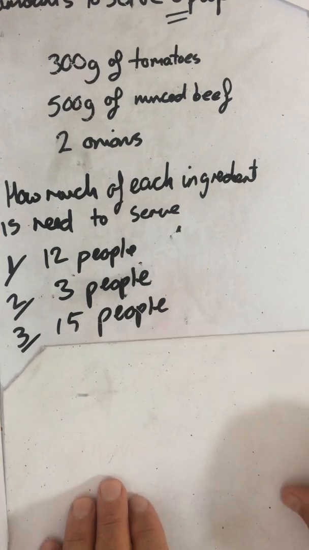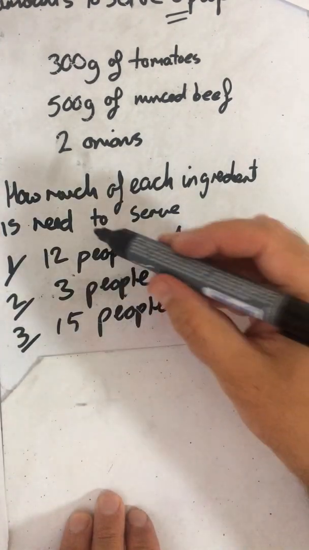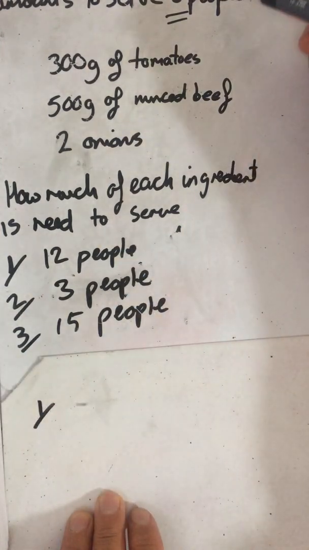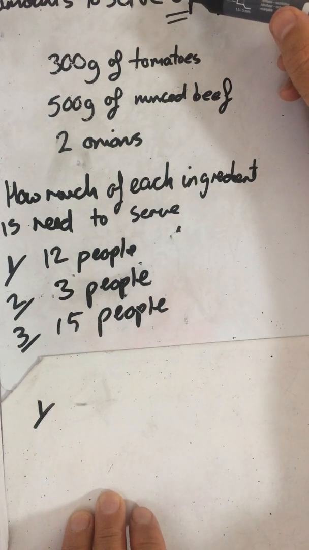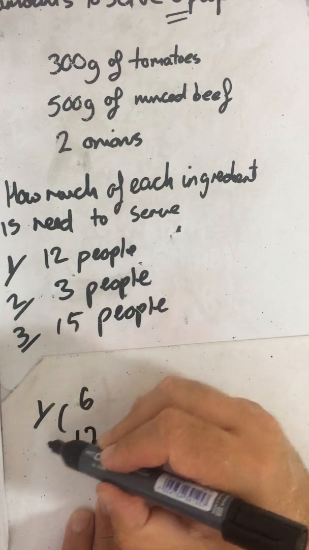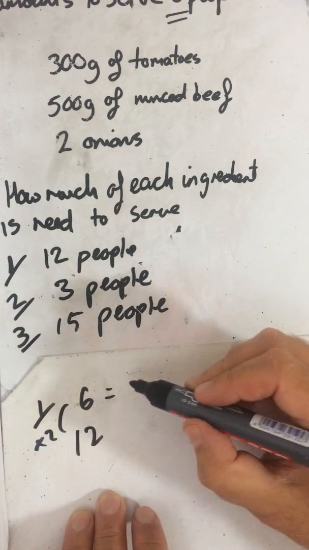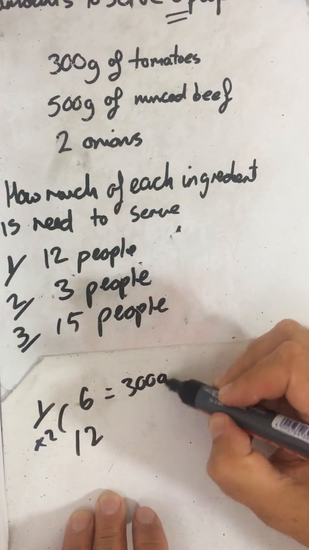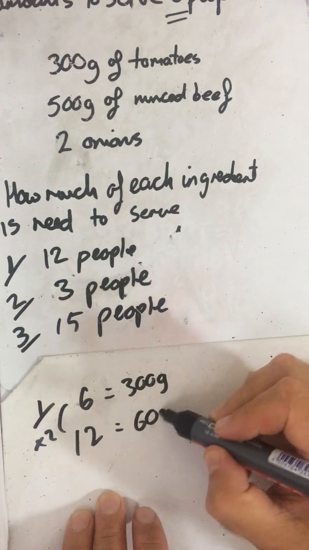Right, so let's have a little look, shall we? Let's have a look at number 1. We can see straight away it's 6 people and you go to 12 people. So from 6 to 12, you're obviously timesing by 2. So the tomatoes equal 600 grams.